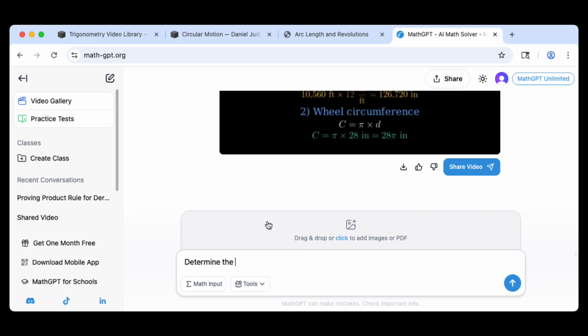Determine the horizontal tangents for y equals 2 sine x plus cosine x over 0 to 2 pi. Let's see what happens here.